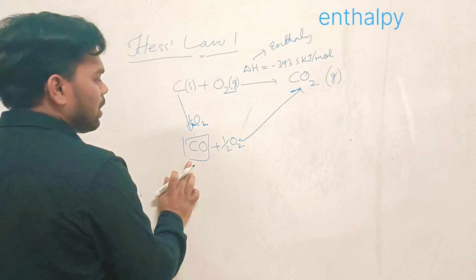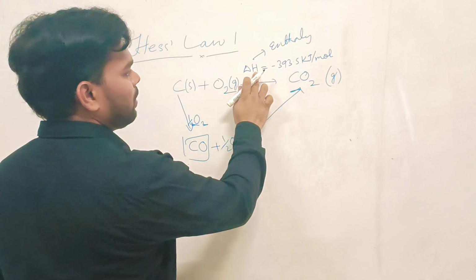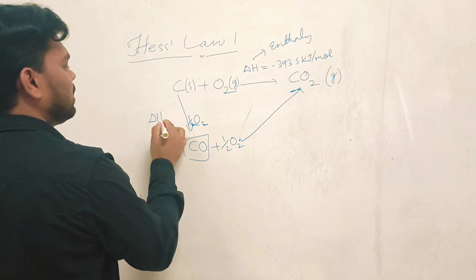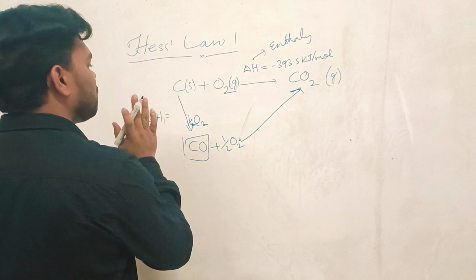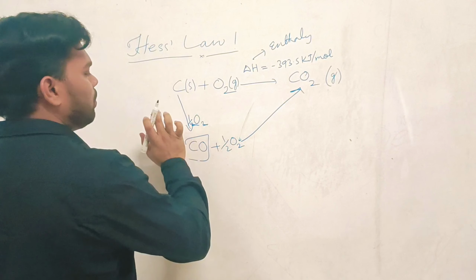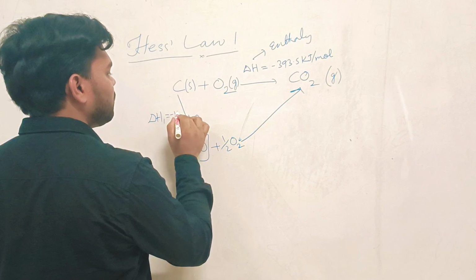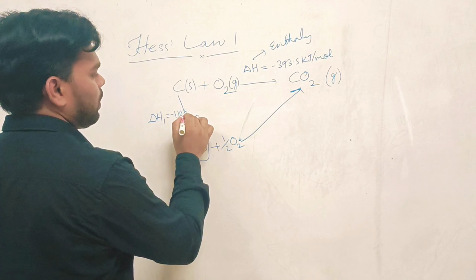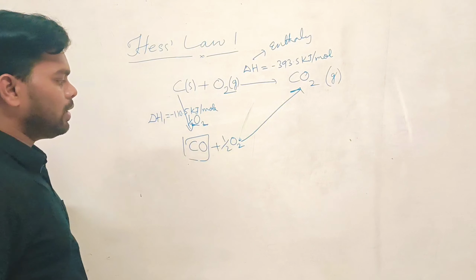For the formation of carbon monoxide, how much heat energy will be released? Here I have already written the enthalpy change as delta H, so can I write here delta H1? Yes or no? So delta H1. For the formation of carbon monoxide, how much heat energy is released, you know? It's around negative 110.5.